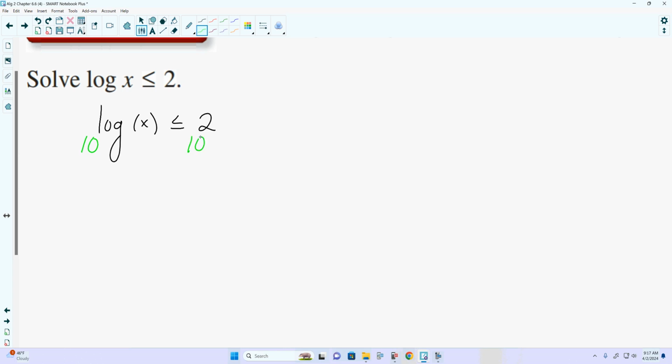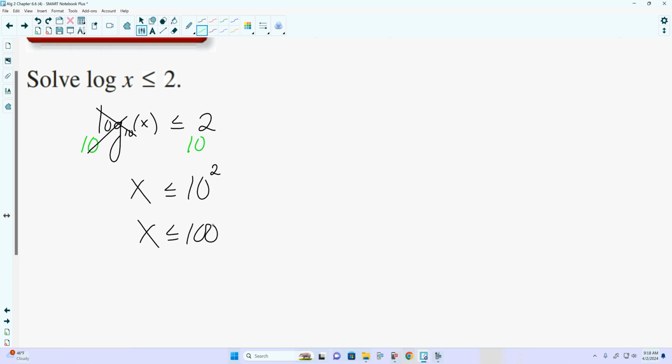Because the base inside the log is 10, we put it to that base, because 10 to the log base 10 of x will cancel, leaving x by itself. That tells us x is less than or equal to 10 to the second power. Well, what is 10 to the second power? 100.